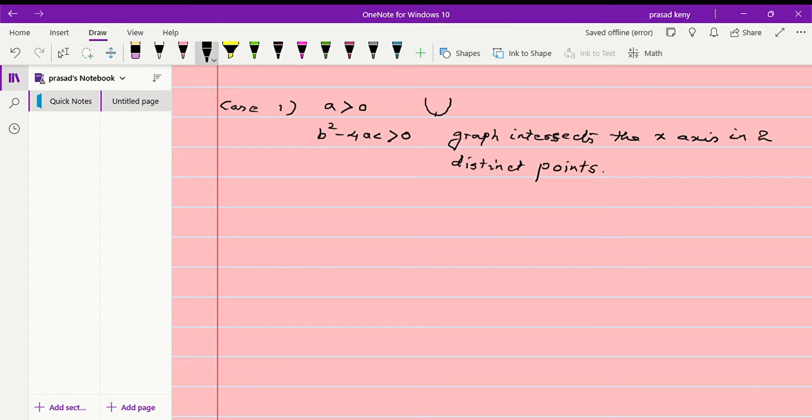So there are two roots, means the graph is going to intersect the x-axis in 2 points. So there are two x-intercepts. So let us take one example.